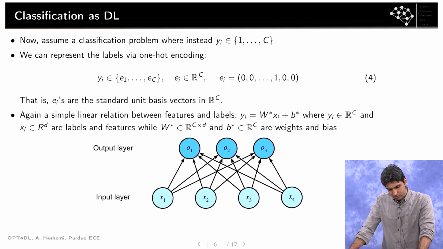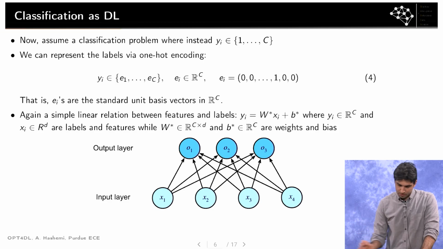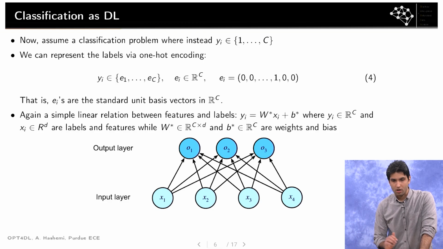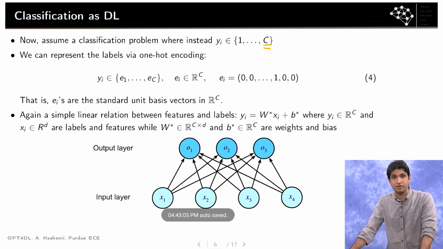Now, what we want to do next is to extend this idea from regression to classification. Okay. So in particular, instead of assuming that the labels are scalar and belong to R, we have a classification problem with capital C classes. So for instance, a famous data set is the MNIST data set, or another famous data set is CIFAR-10.